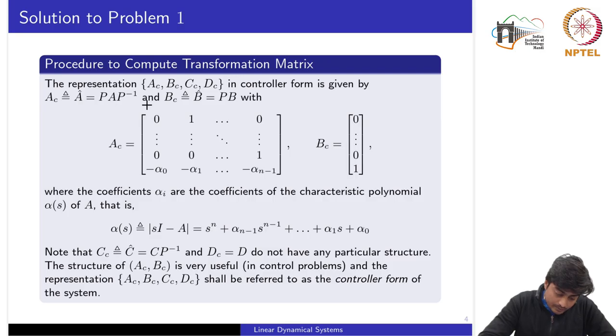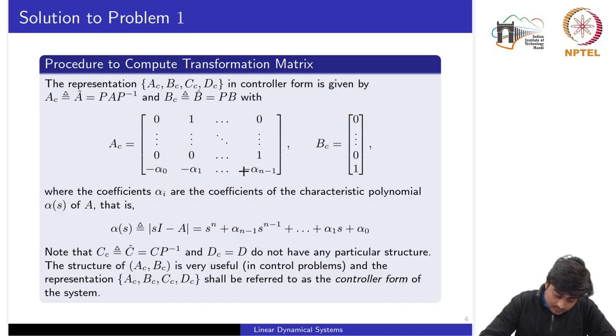Given this pair A, B, you can compute the controllable canonical form, written with subscript C, A_C and B_C. If we have this P matrix, then by using the equations P A P inverse and P B, we can directly obtain the canonical forms of this pair, which would appear like this.